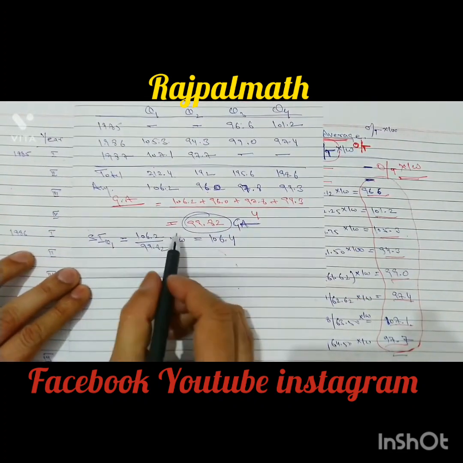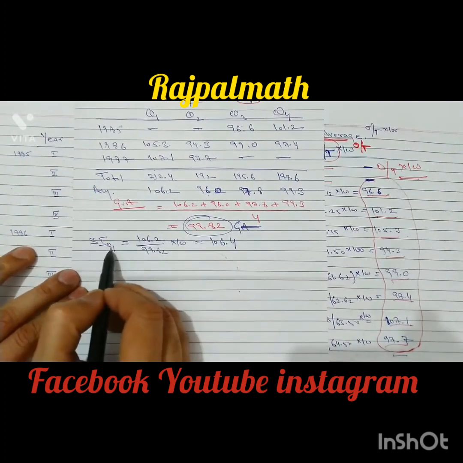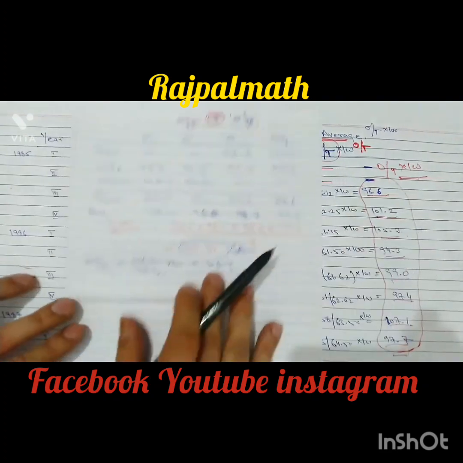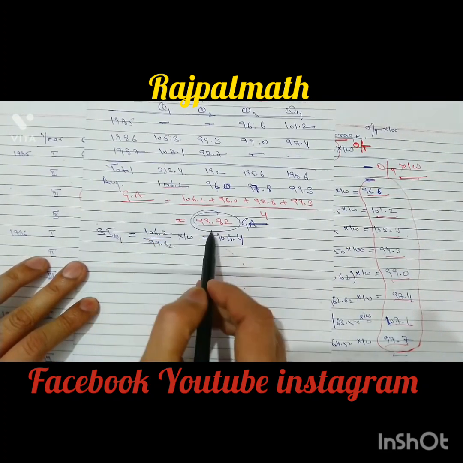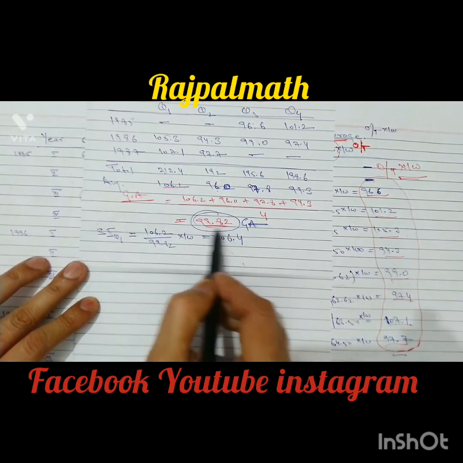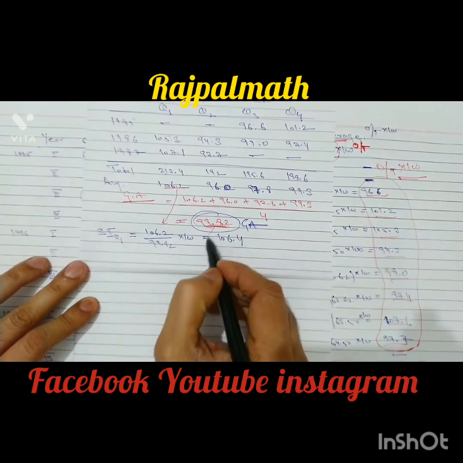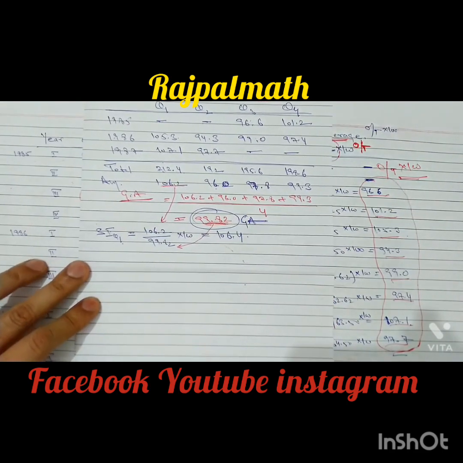This means the seasonal index for quarter 1 by the method of ratio to moving average is the quarterly average divided by the general or grand average into 100, 106.